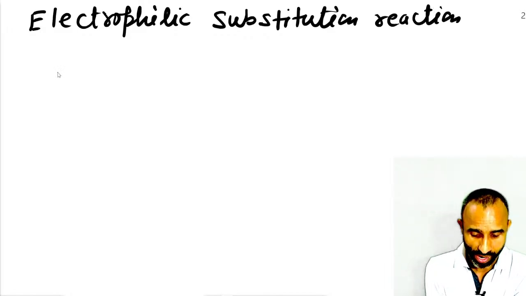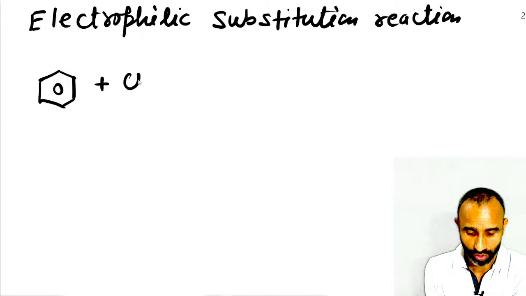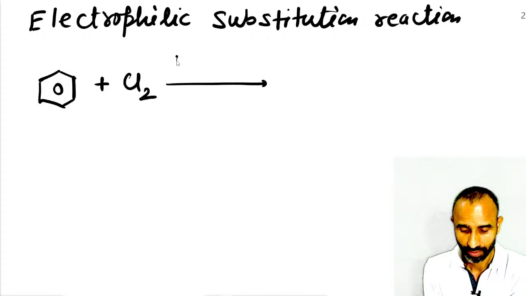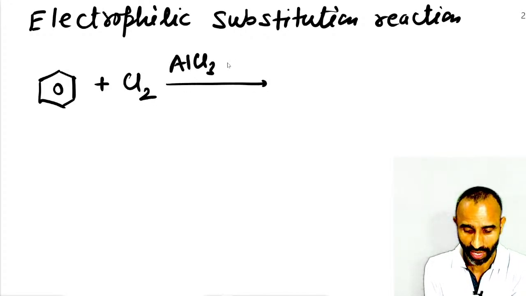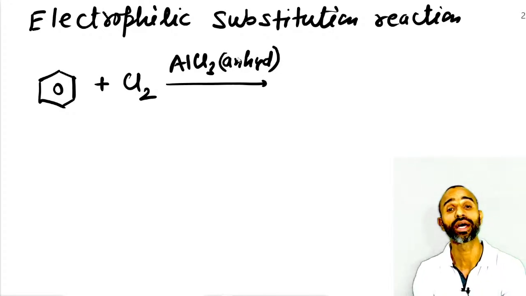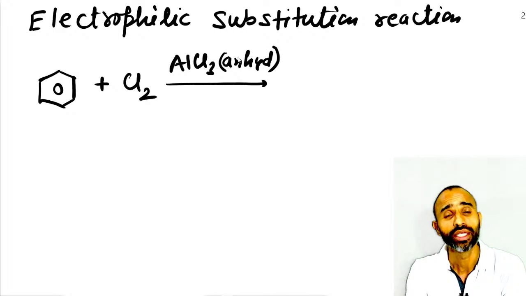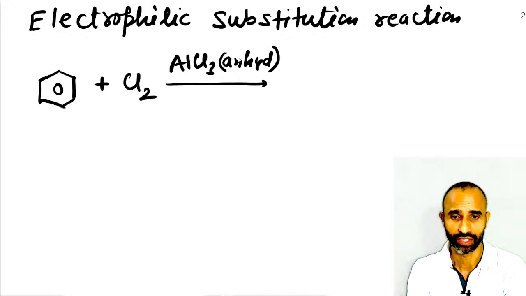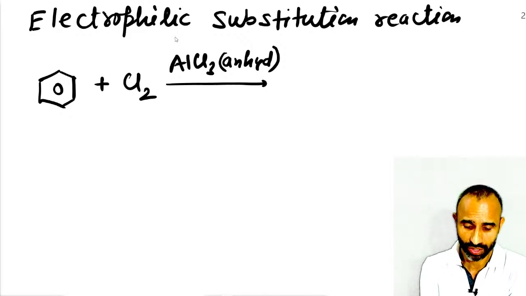So whenever we have a benzene ring, it undergoes chlorination in the presence of anhydrous AlCl3 or anhydrous FeCl3, even sometimes BF3, any Lewis acid. Anhydrous AlCl3 is a Lewis acid.